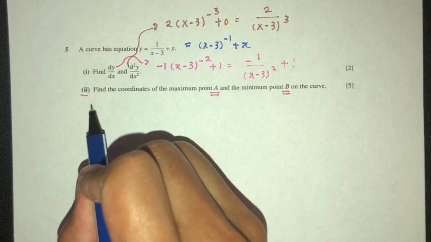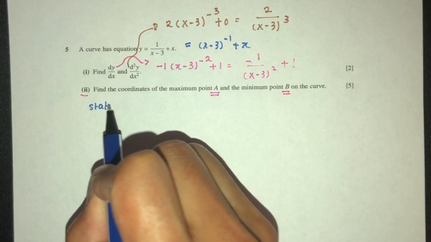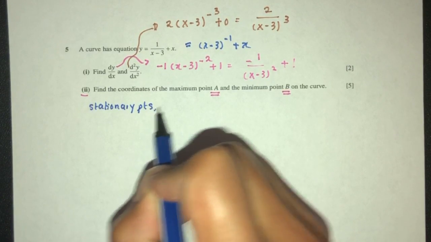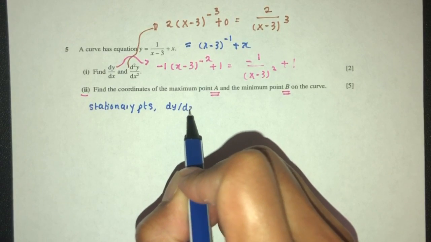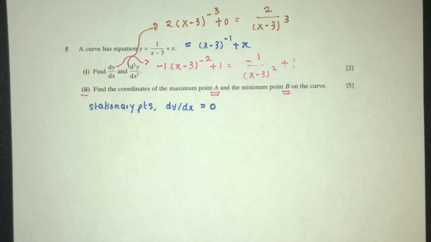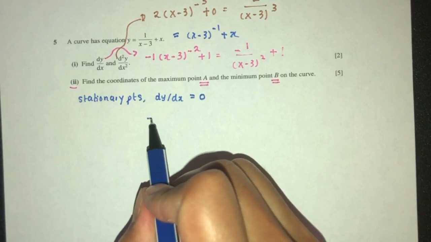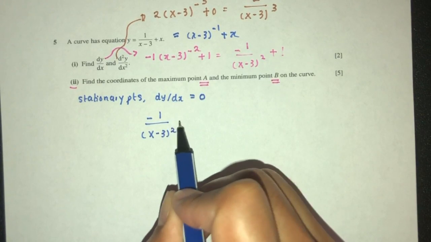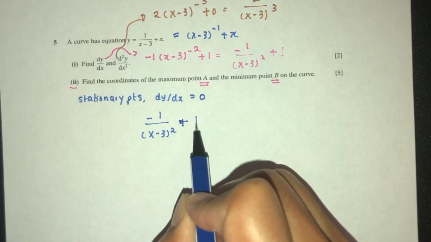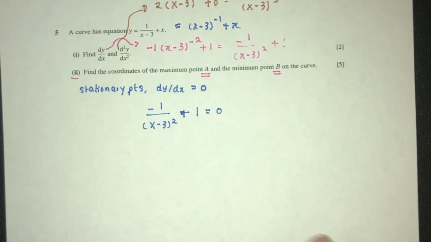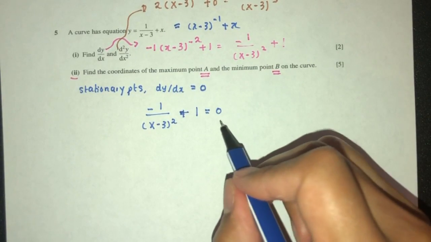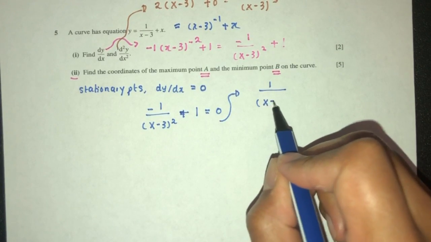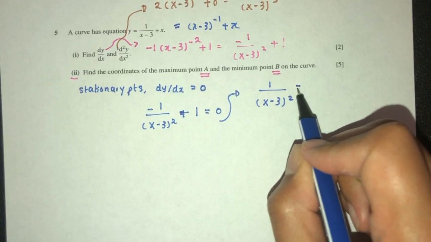So what do we know? At a stationary point, what happens? We know that dy by dx has to be 0. So dy by dx is given to you by minus 1 over x minus 3 squared, plus 1, and that has to equal 0. Now we can send this over here. For example, you will have 1 over x minus 3 squared is 1.